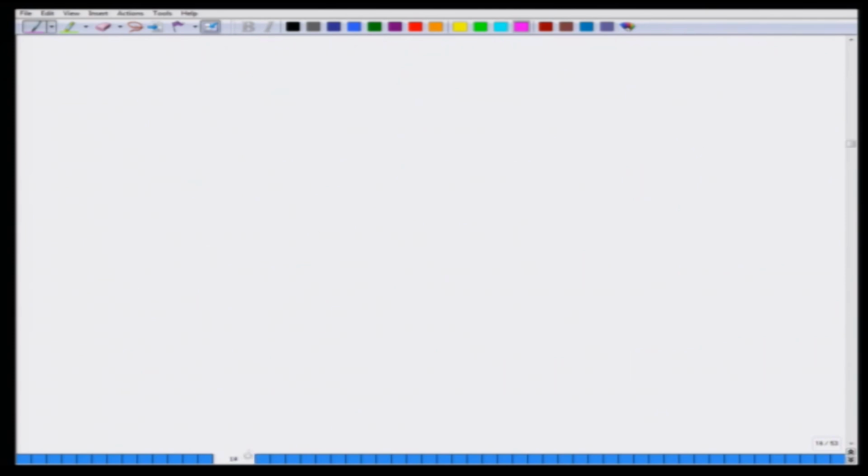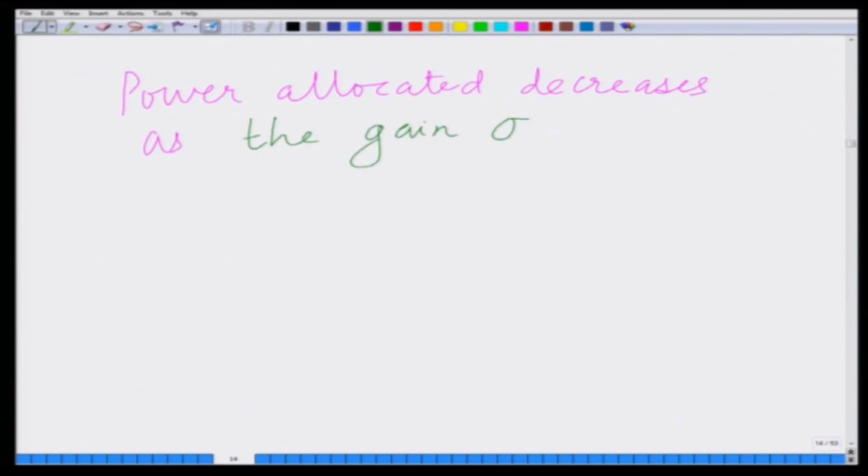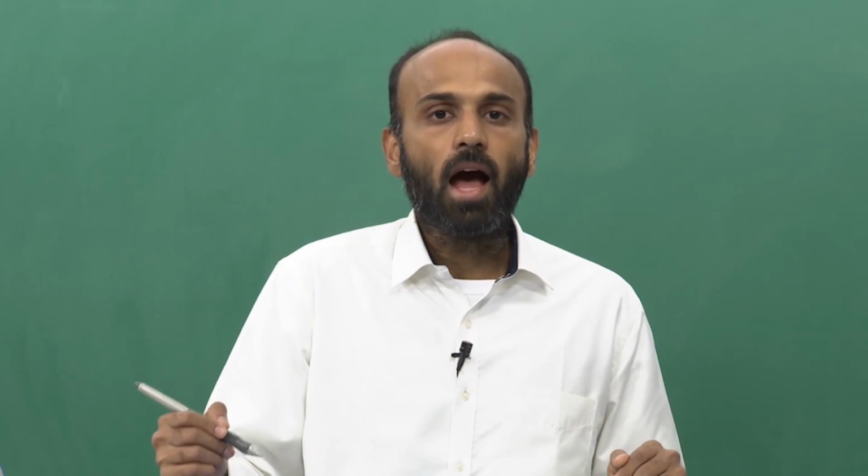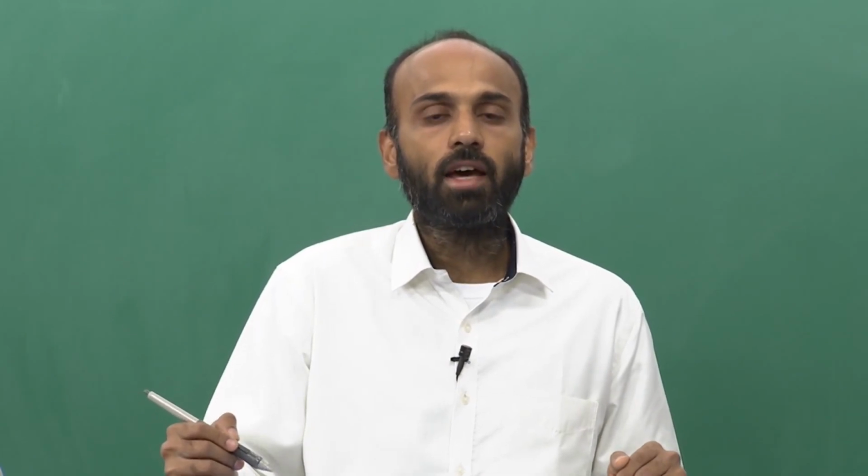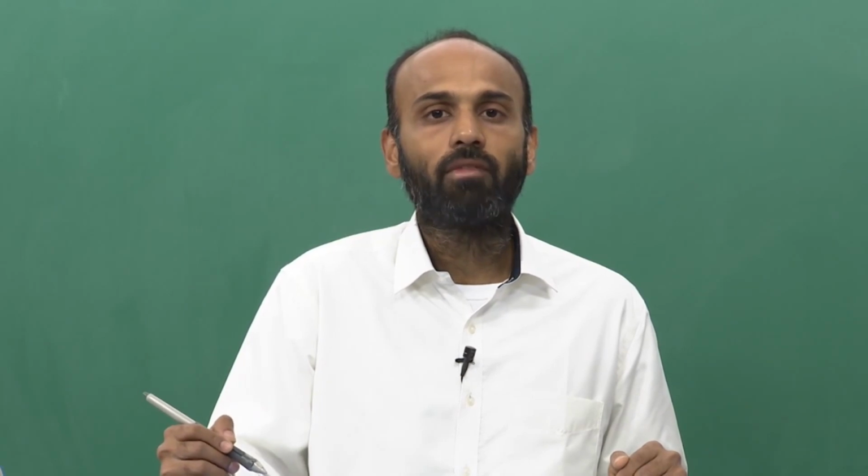You will observe that the power allocated decreases as the gain sigma I square of the channel decreases. Interestingly, for the various channels I, the channels which have a higher gain, that is a higher value of sigma I square, have higher power.